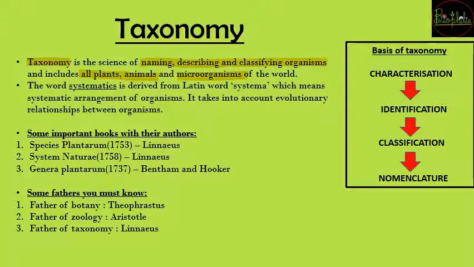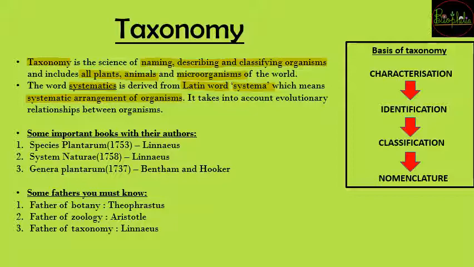Another word that you may come across, that is systematics. Systematics is going to be derived from a Latin word that is called systema, that means systematic arrangement of organisms. So now you might have gotten an idea about what is systematics. That is, whenever you are going to arrange the organisms in a systematic manner, then that branch of science would be called systematics.